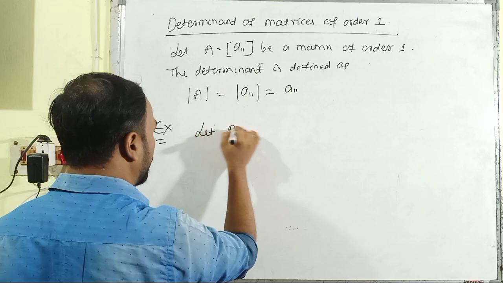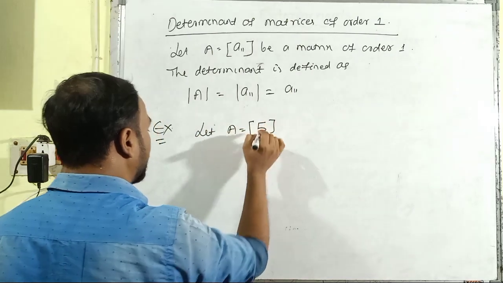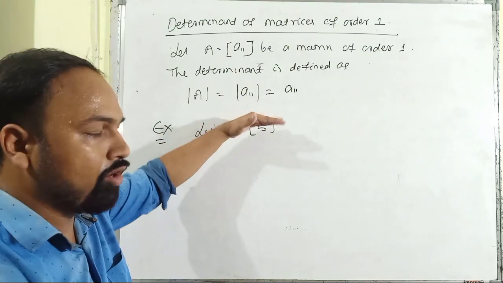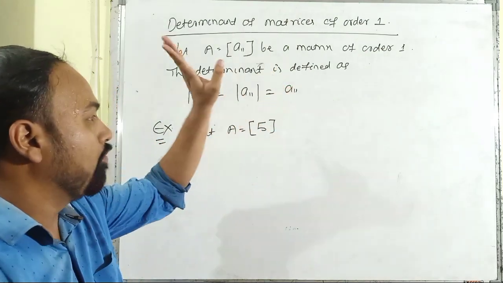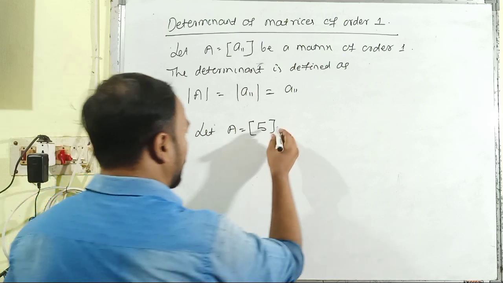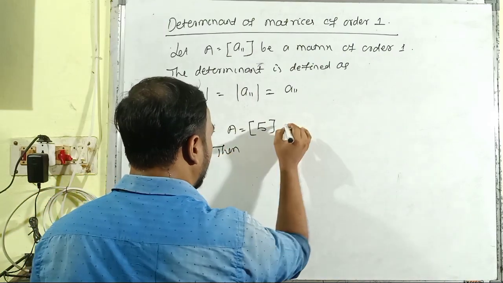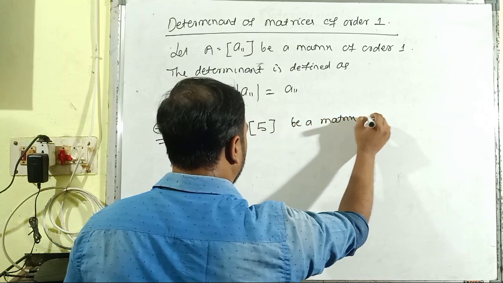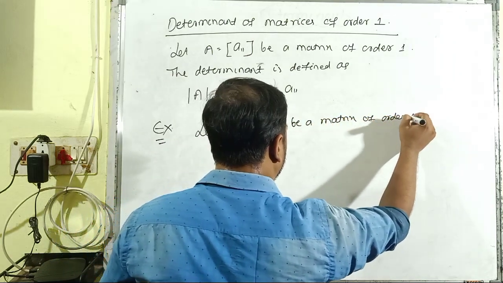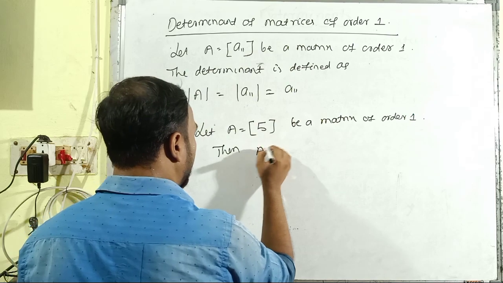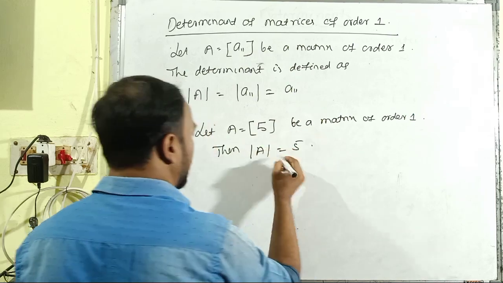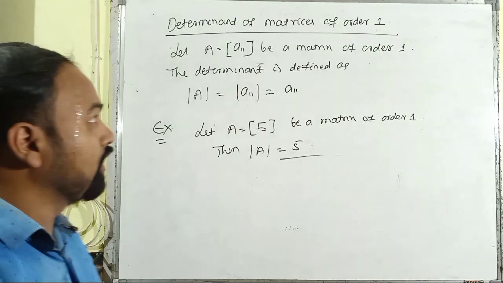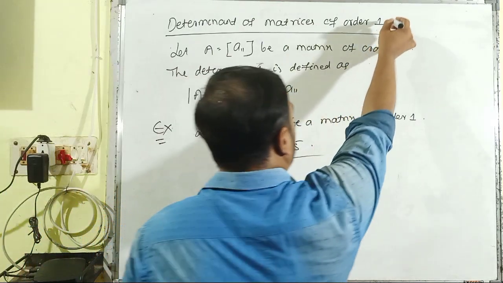Let A equal 5, and you can see that there is one element, in one row and one column, so it is a matrix of order 1. Then determinant of A is equal to 5 itself. So this is all about the determinant of a matrix of order 1.